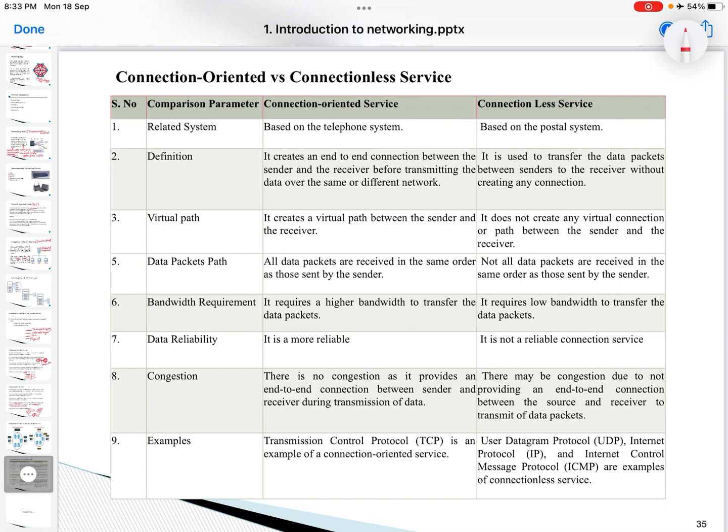Virtual path: it creates a virtual path between the sender and the receiver. It does not create any virtual connection or path between the sender and the receiver. Data packet path: all data packets are received in the same order as they are sent. So I told you in that example 1, 3, 2, if they are sent in this order, they will be received in this order only.